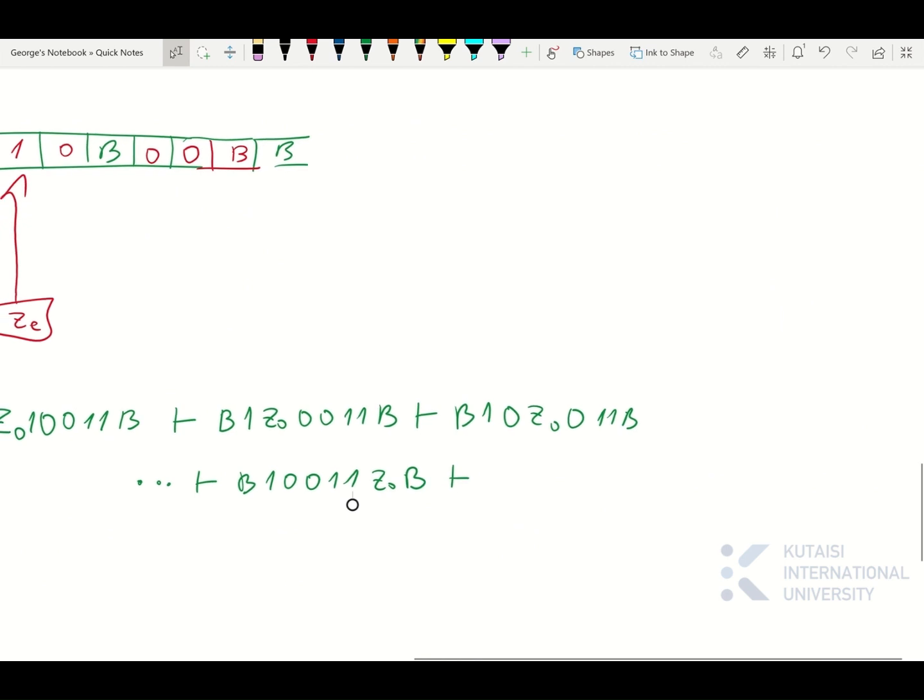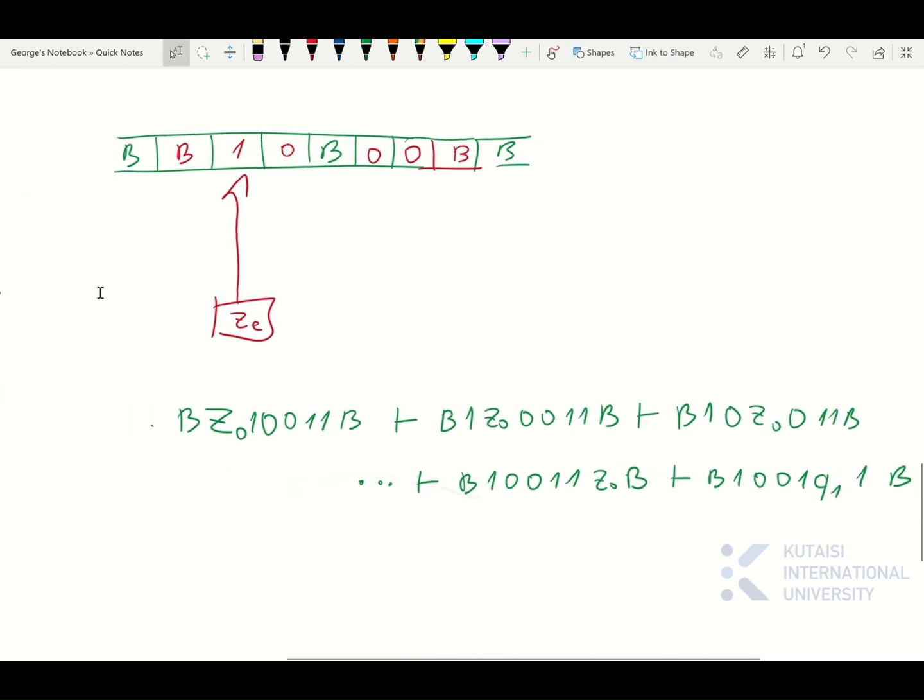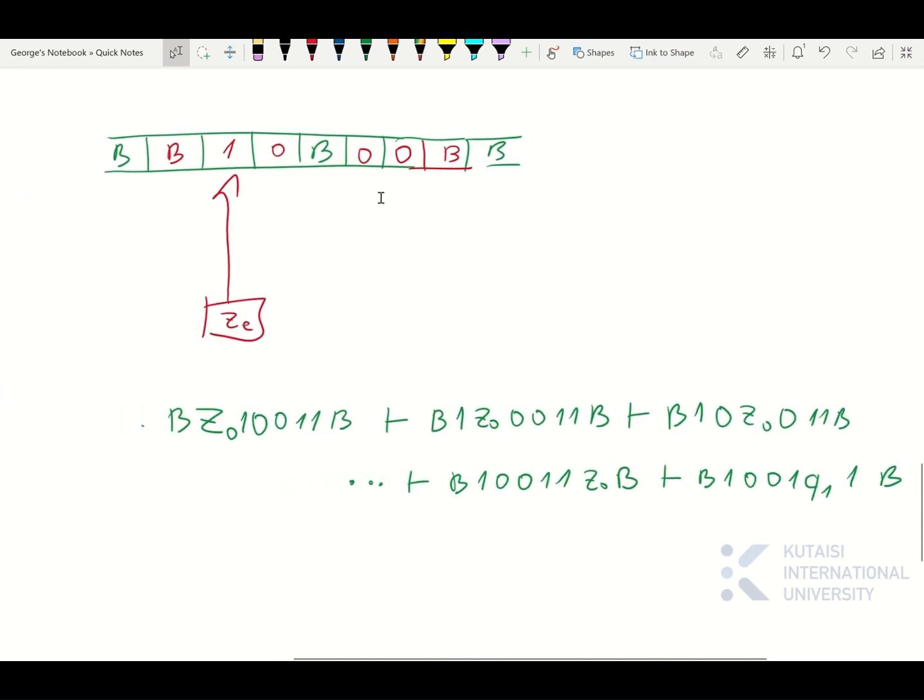So the configuration will be blank 1 0 0 1 Q1 1 blank. See, it moved to state Q1 and it went left. So it's basically now in Q1 and reading 1. The configuration is just another way of writing this instead of drawing this thing every single time.